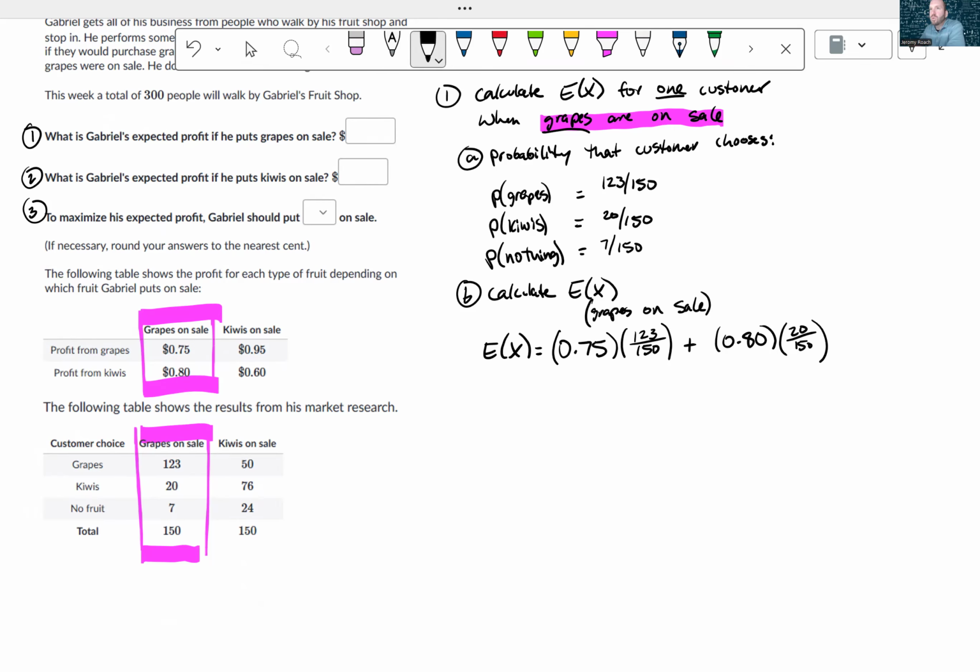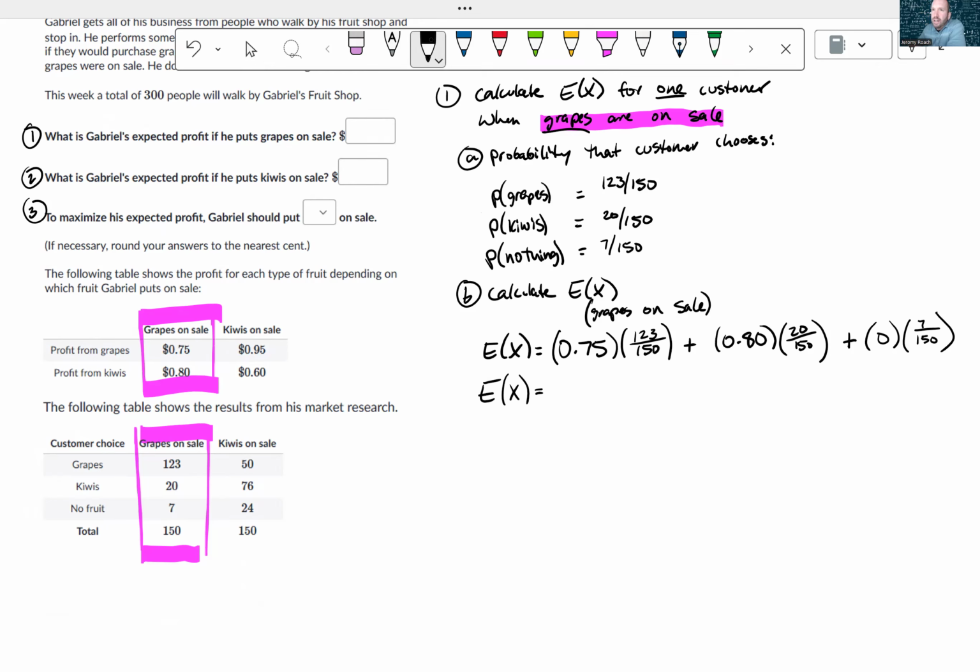And then for the nothing portion, if nobody buys anything, then the profit from buying nothing is just zero. And then, to be formal, we can write 7 over 150 just to write a complete equation for our expected value when grapes are on sale for one customer.